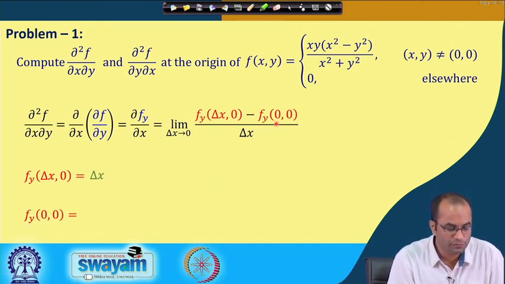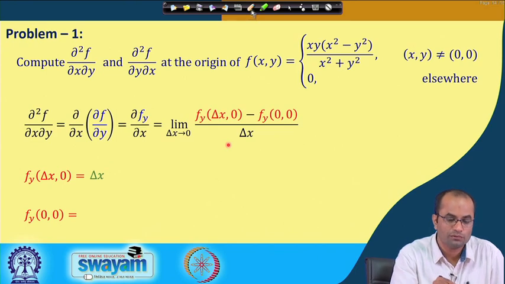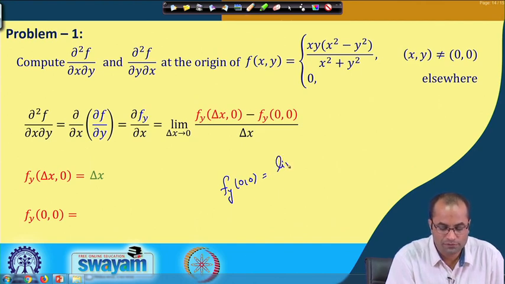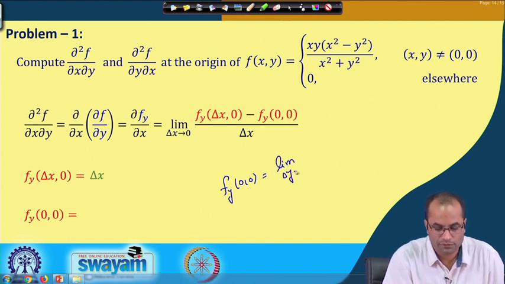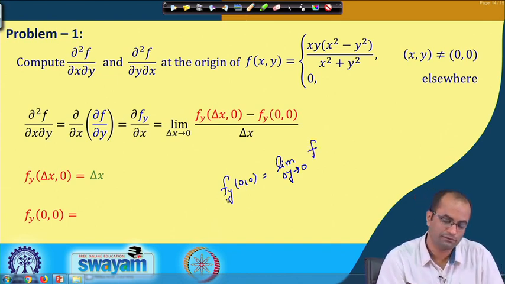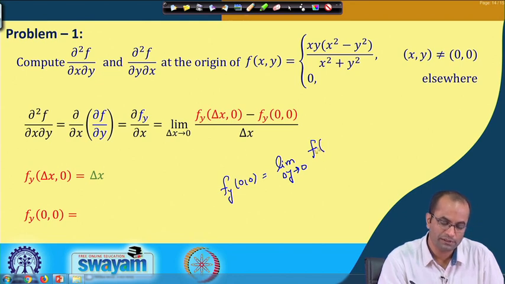Now we have to compute f_y(0, 0). Again we have to use the definition. Delta y goes to 0, and we are taking the partial derivative of the function f with respect to y. So the 0 will remain as it is: 0 plus delta y.